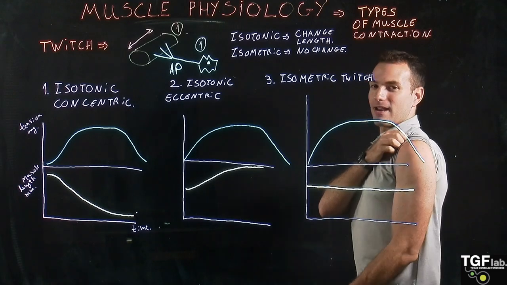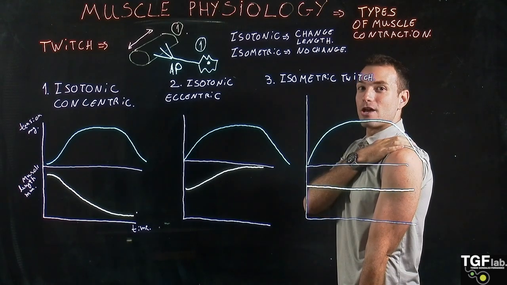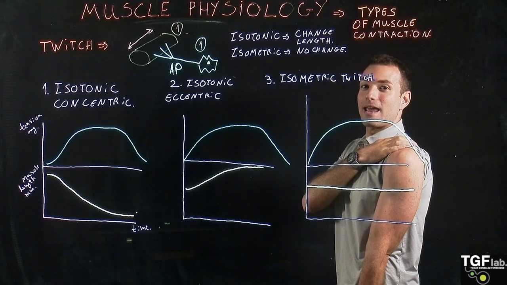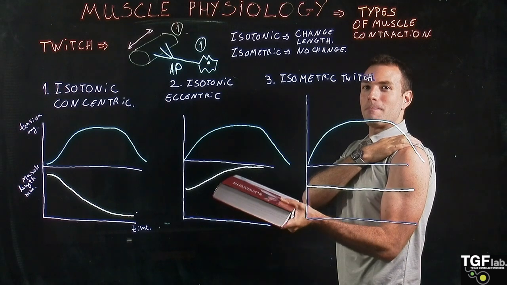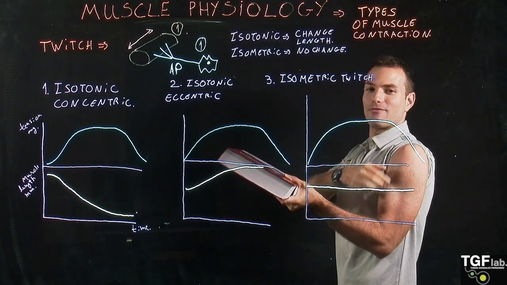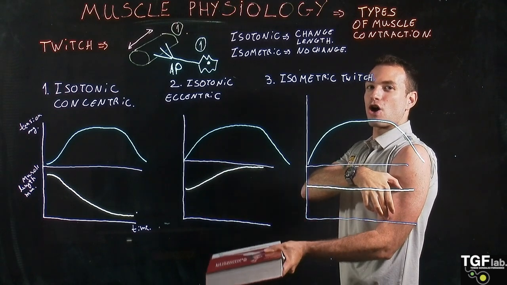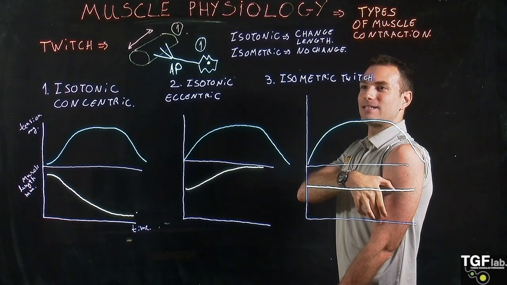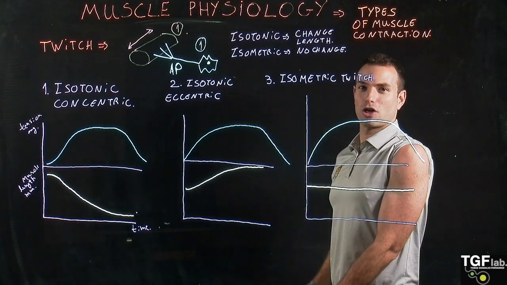So, okay, we have our muscle here, our bicep is relaxed. Then in the isotonic concentric twitch, the length of the bicep is going to become shorter. But then when we go down, it's going to become larger, and then we'll have the isotonic eccentric twitch.